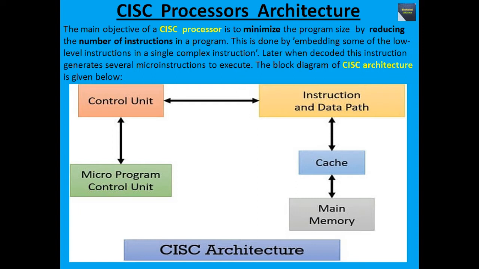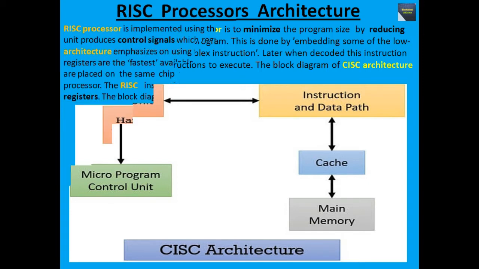Later, when decoded, this instruction generates several micro instructions to execute. The following block diagram shows the CISC architecture. The CISC approach attempts to minimize the number of instructions per program, but at the cost of an increase in the number of cycles per instruction.